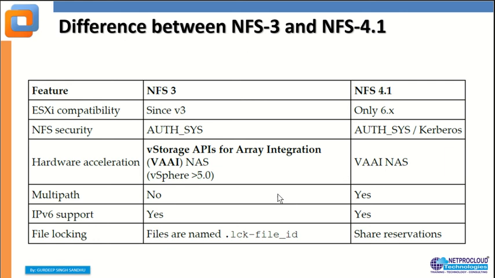Multipathing is not possible in 3, it is possible in 4.1. Both versions support IPv6. And for file locking, a .lck file is used, and here shared reservations are present.